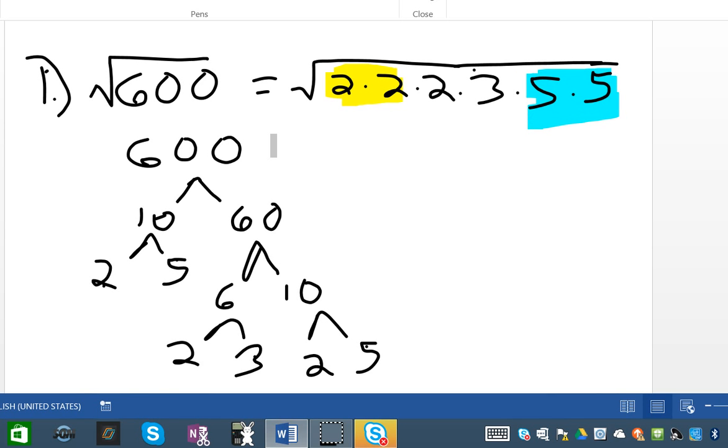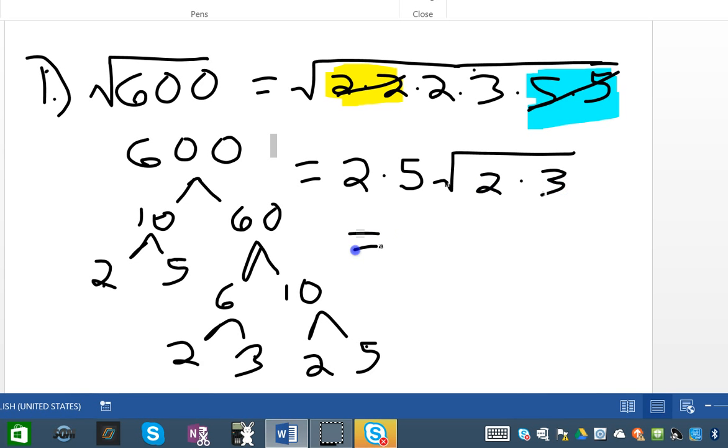So I'm going to pull out a 2 from inside the square root. And I'm also going to pull out a 5. And I write 2 times 5 outside of the square root. Inside the square root, the only thing that's left, I'm going to scratch out the 2's and the 5's. The only thing that's left is 2 times 3.